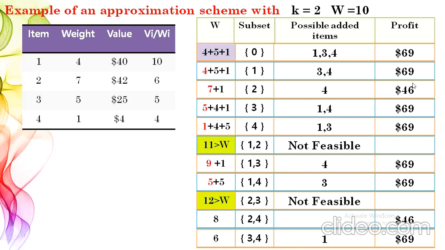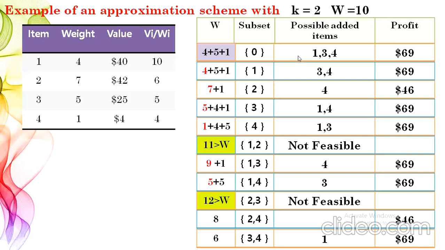So these are the feasible solutions. For the first profit 69, and for the next combination 46. For 1, 2 not feasible. For 1, 3 69, 1, 4 69 and 2, 3 not feasible. And here 46, 69. These profits are called feasible solutions. From these feasible solutions, I can easily select the optimal solution.